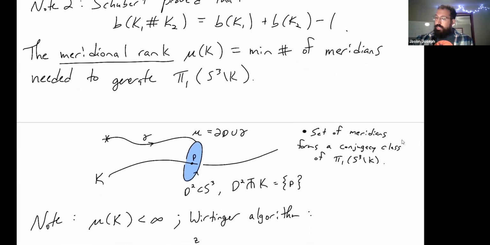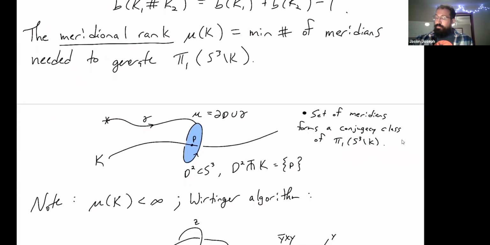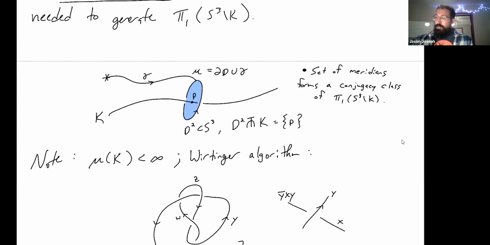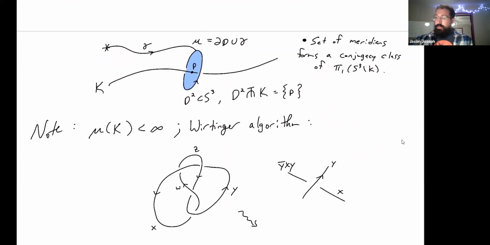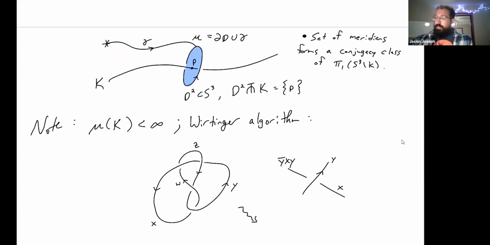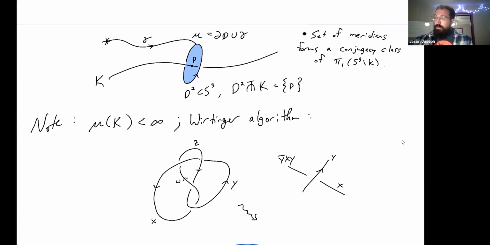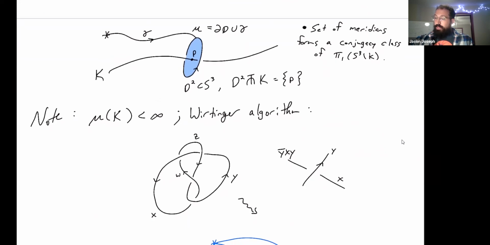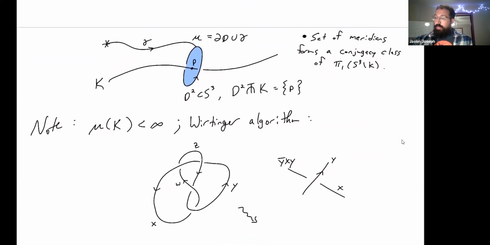Some quick things about meridional rank: it's always finite, and one proof of that is the Wirtinger algorithm. From a diagram, you label the arcs with symbols which correspond to meridians around that portion of the knot.